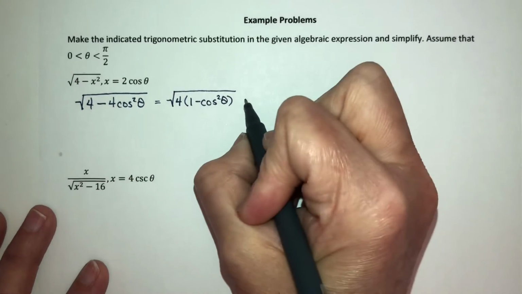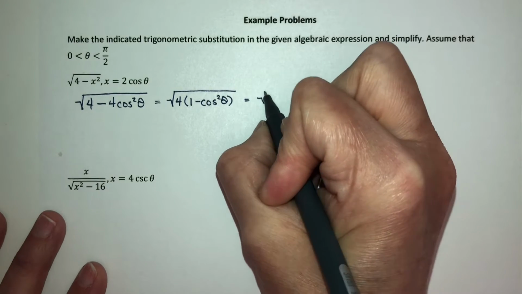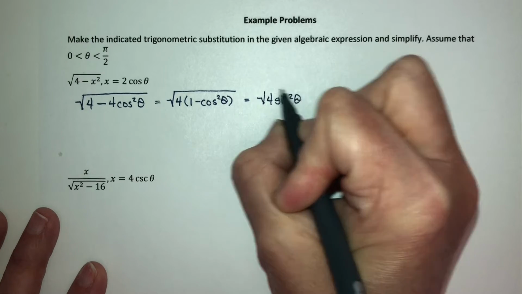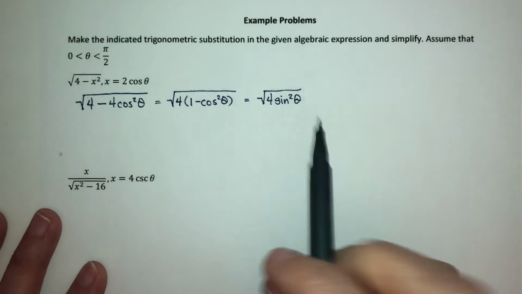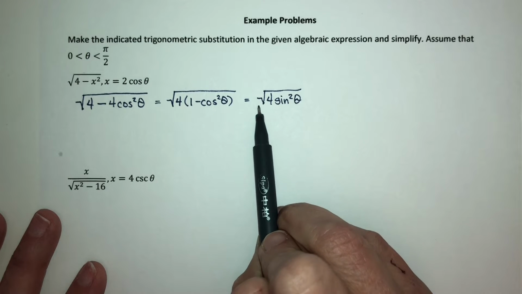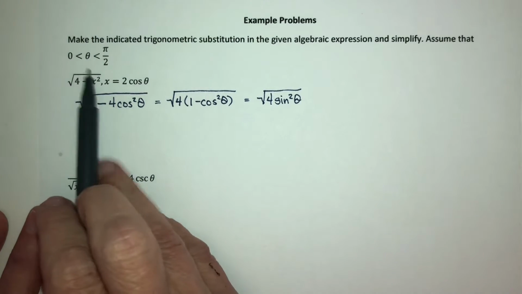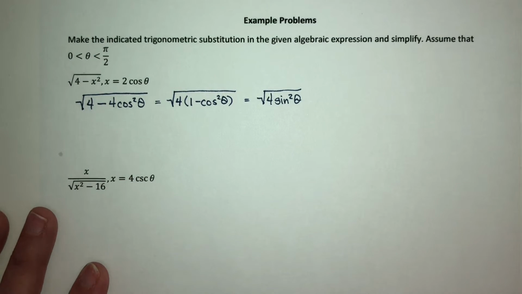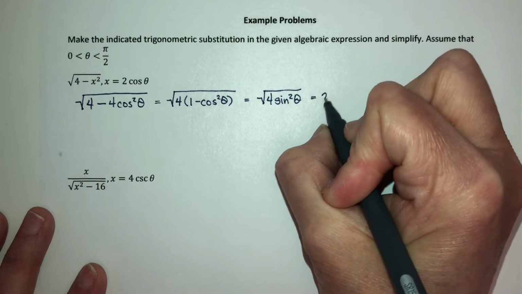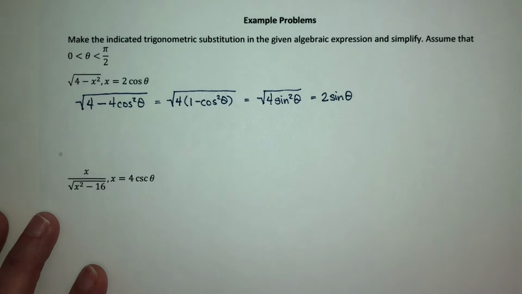Okay. 1 minus cosine squared theta is equal to sine squared theta. And now we have two things multiplied together under a square root, so we can take the square root of both sides. And again, we know everything here is positive because of what quadrant we're in, so we don't have to worry about a plus or minus or anything when we do this. This is just going to be 2 sine theta.